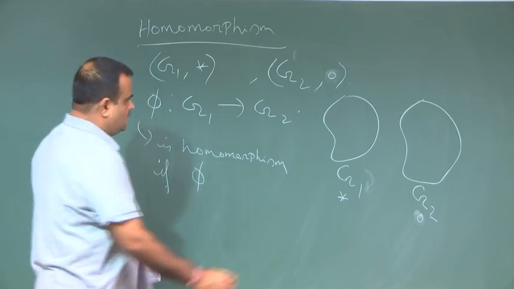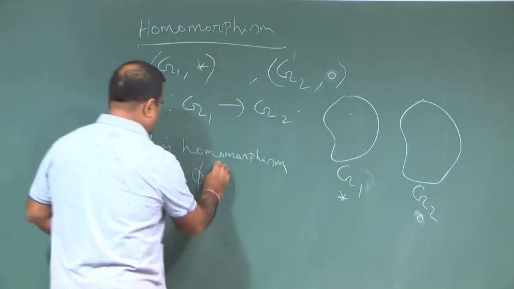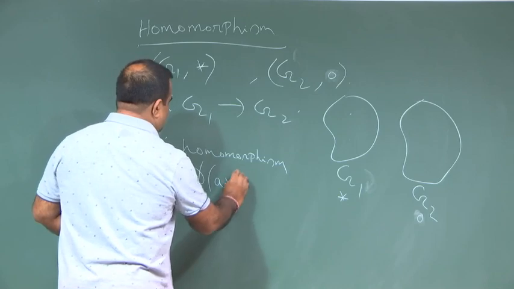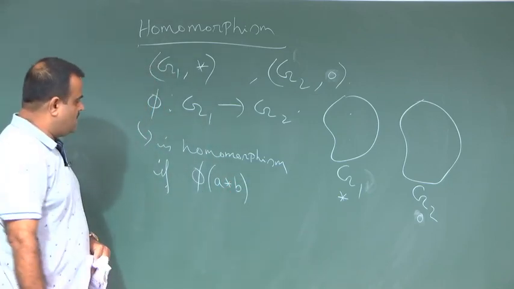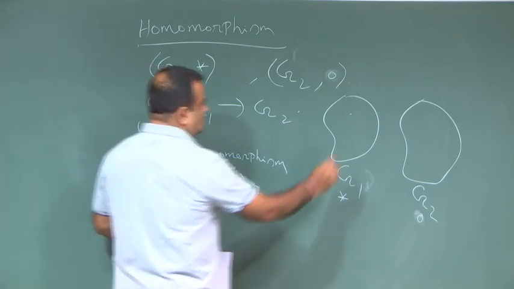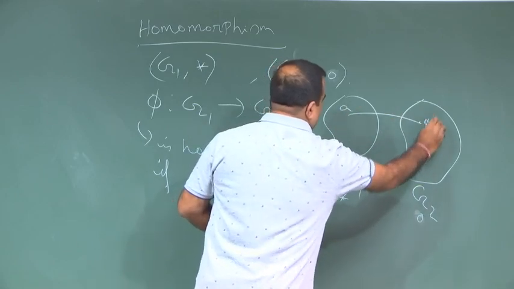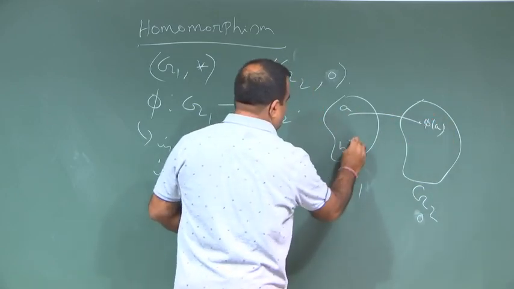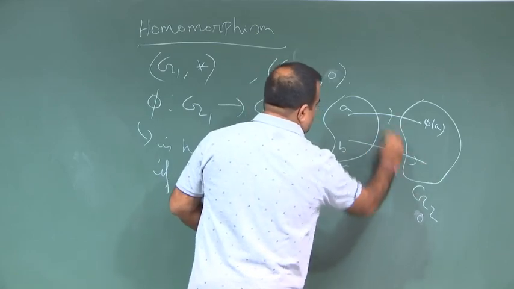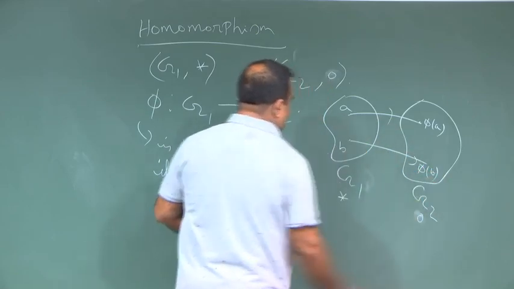Phi of, if you take two elements from here and operate them, phi of A star B is equal to, so A will go to phi of A and B will go to phi of B under this mapping.